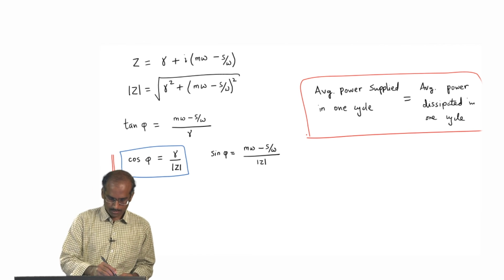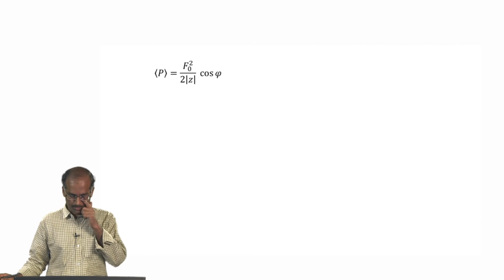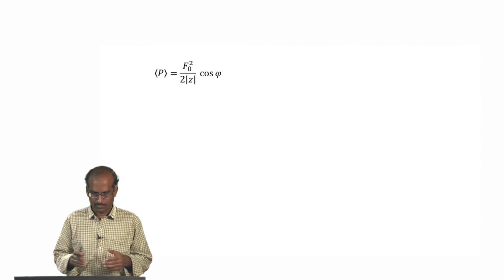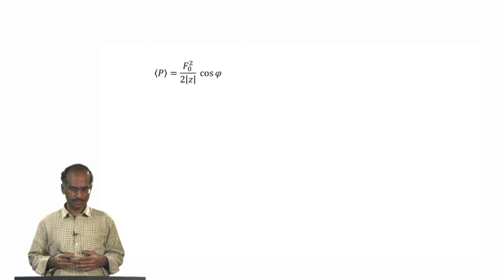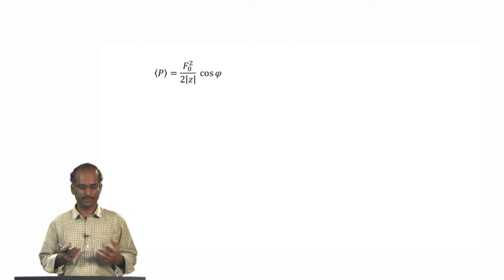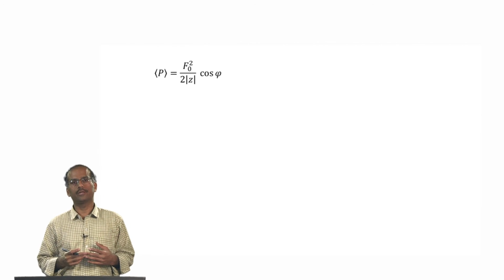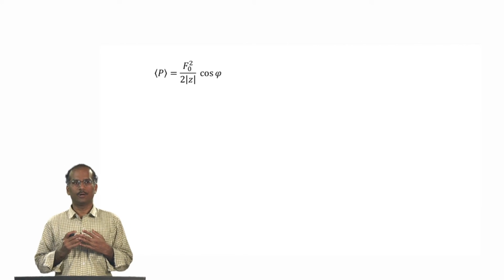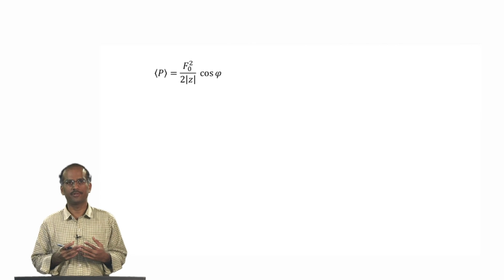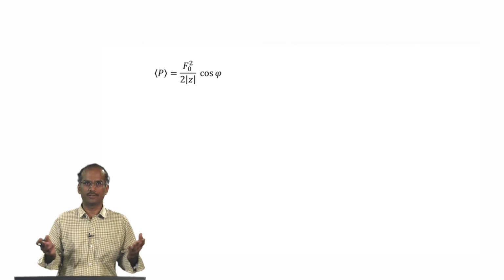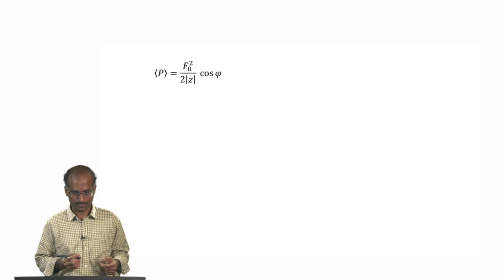Now, we will use this quantity average power to define Q value. Before we define the Q value, let us sketch this function as a function of the driving frequency omega, because that is going to tell us how much of the power is being absorbed at different frequencies.